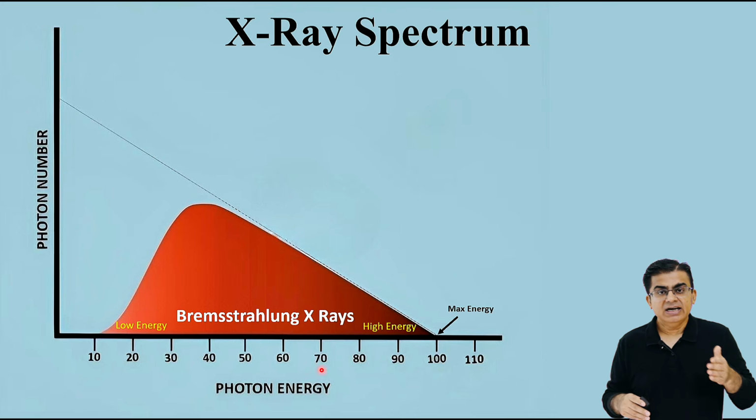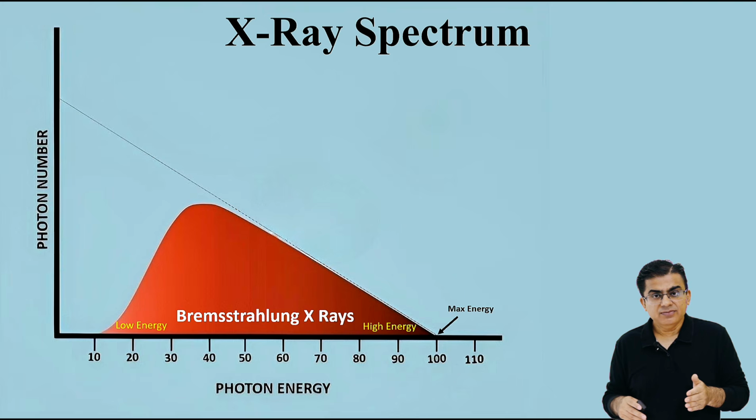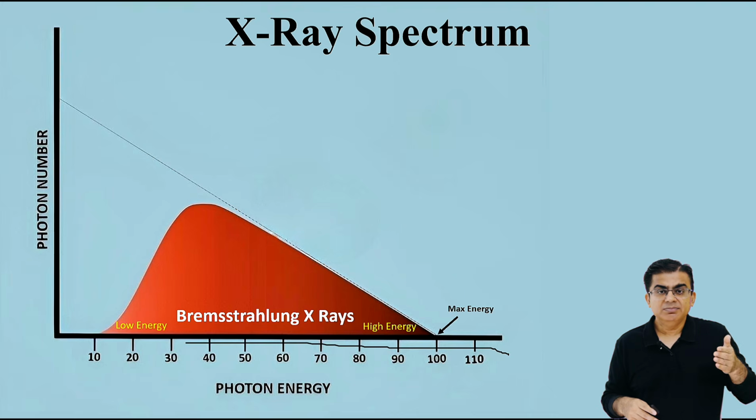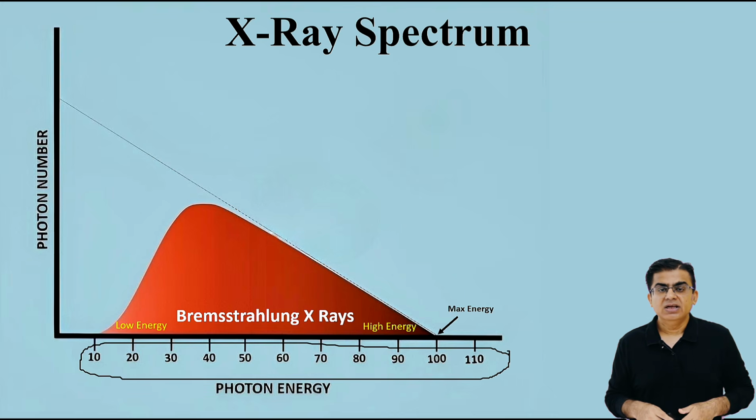This clinically used X-ray beam is not perfectly monoenergetic, but it is polyenergetic. Although we have removed most of the lower energy photons using the filter, we still don't get a perfect monoenergetic beam.